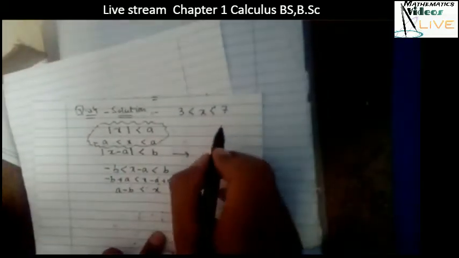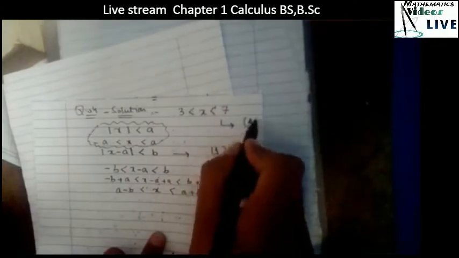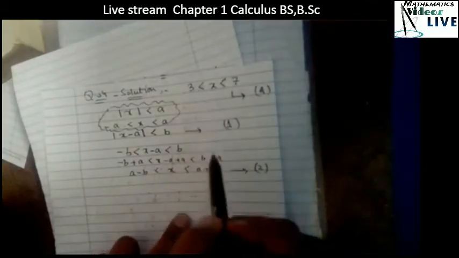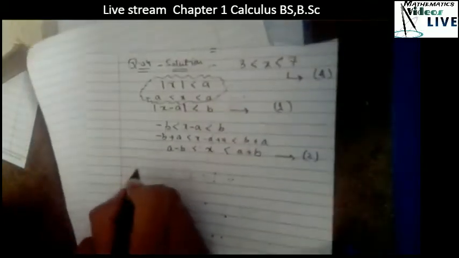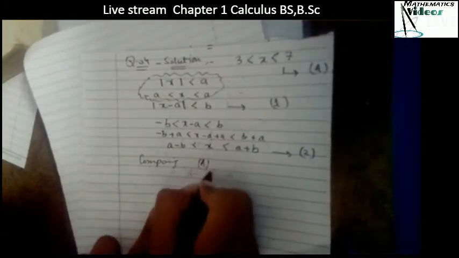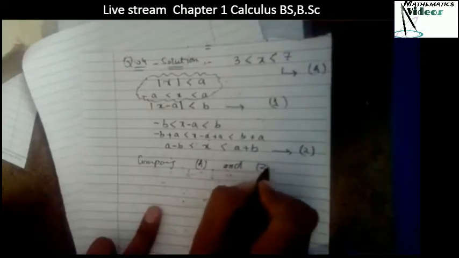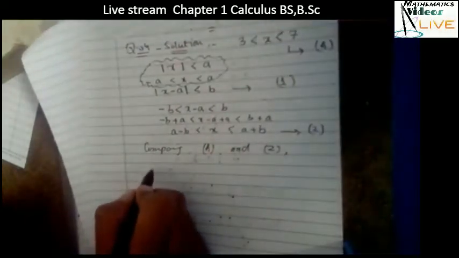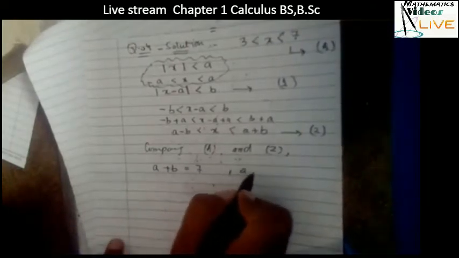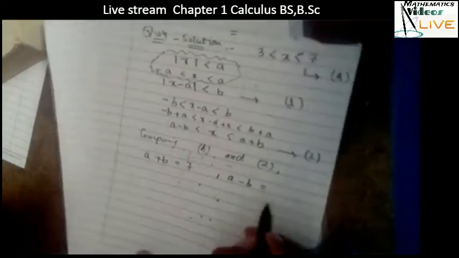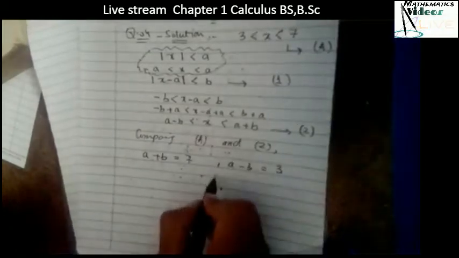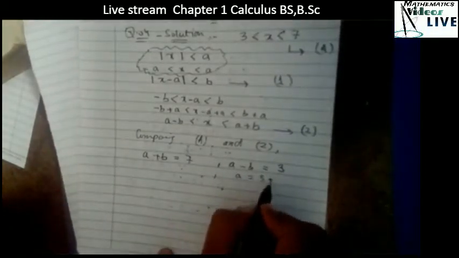Compare your original inequality, call it inequality A, with this: you get a minus b is equal to 3, a plus b is equal to 7. So comparing inequality A and inequality 2, we get a plus b is equal to 7 and a minus b is equal to 3. From here a is equal to 3 plus b.